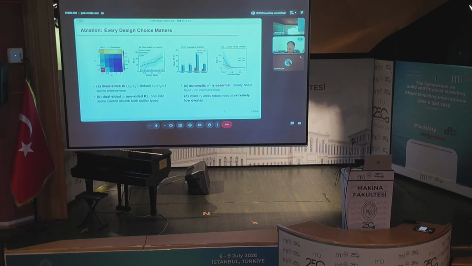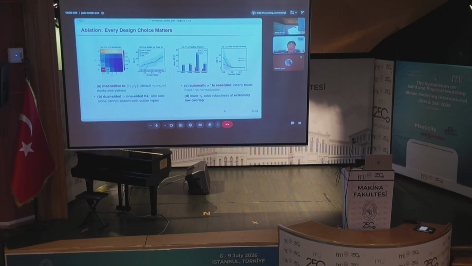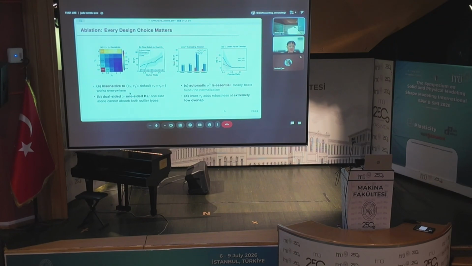And we go to the ablation. In the part A, we get the intensity for tau x and tau y. We can see in this picture that our results do not change very much. So it means we use tau x equal tau y is 1 everywhere, and that is okay.